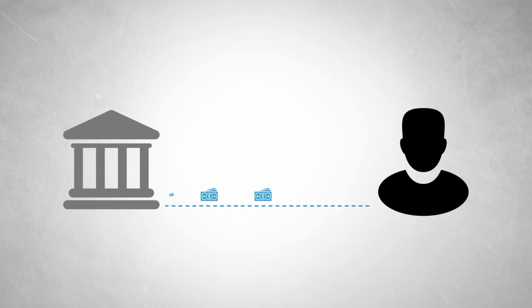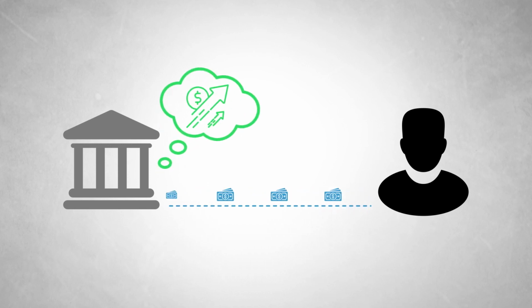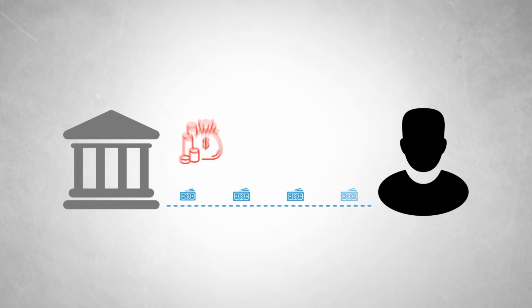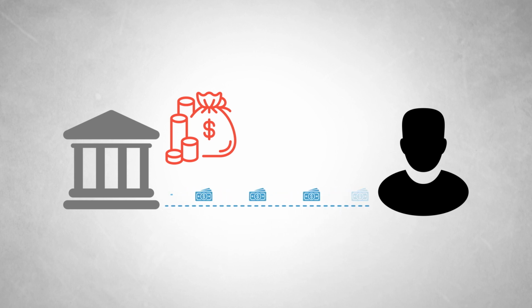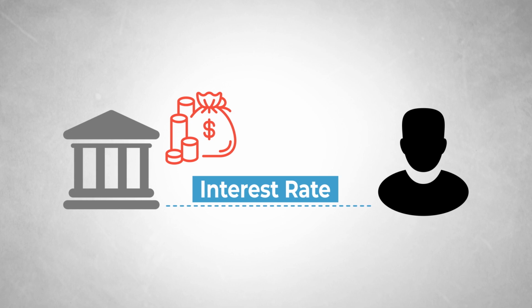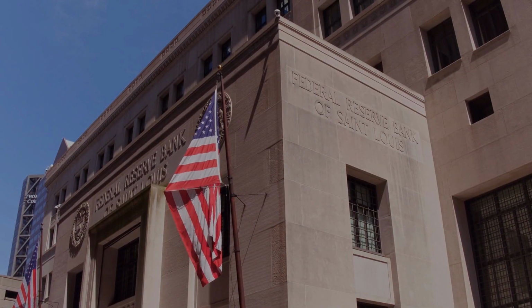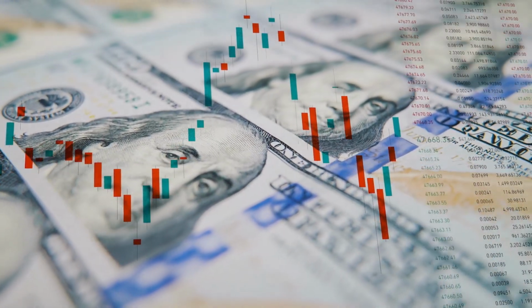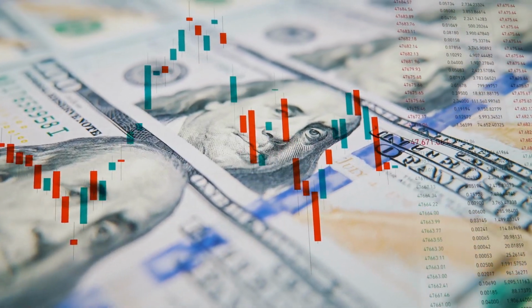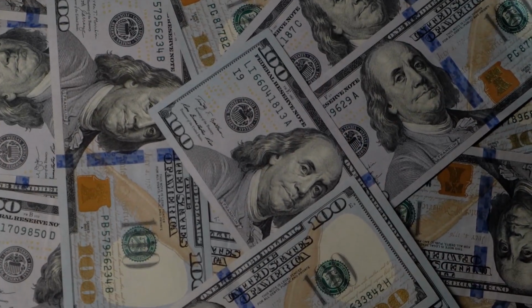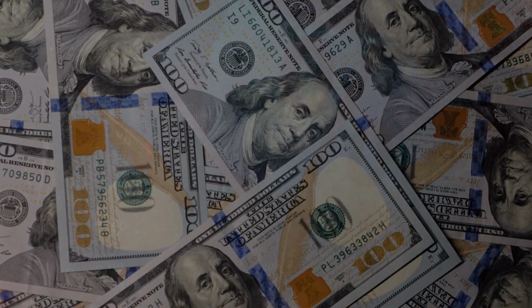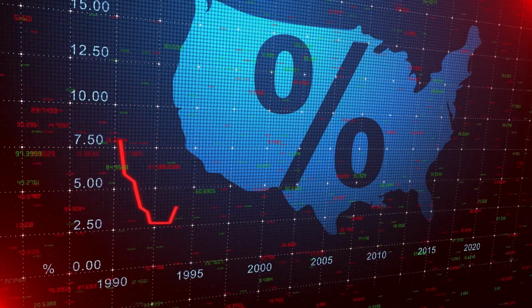Even though it is the commercial banks that gain profit when they lend money to their customers, there is a factor that directly influences the creation of money, and that is obviously the interest rate. It is only the central bank that has direct influence over this crucial component of the economy. This means that central banks can influence the money supply by changing the interest rate.